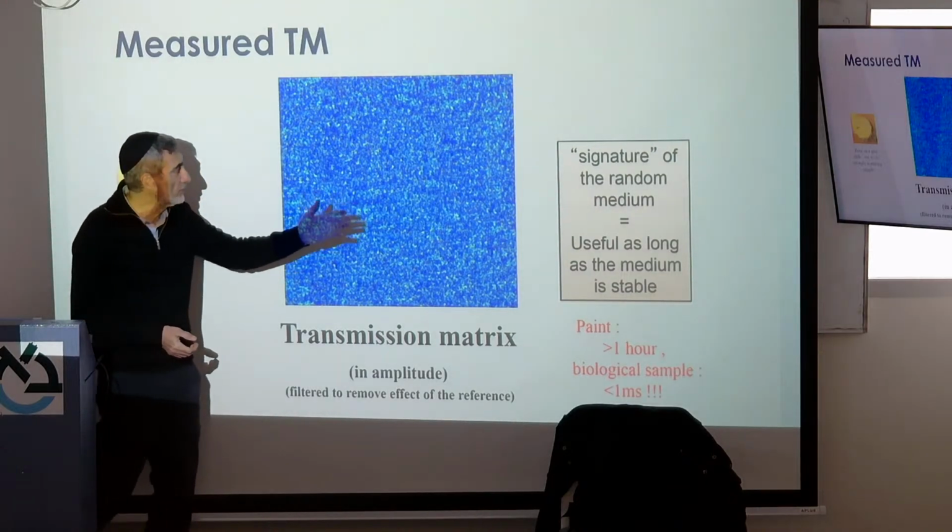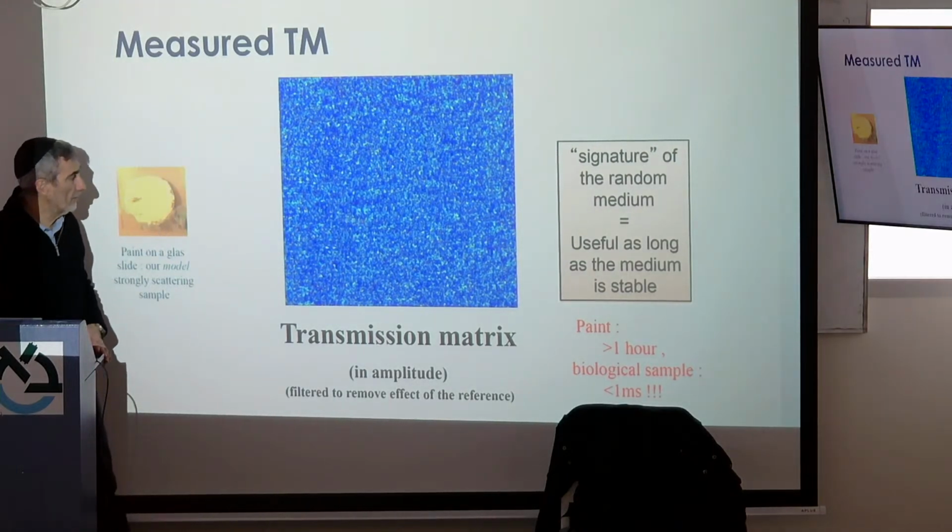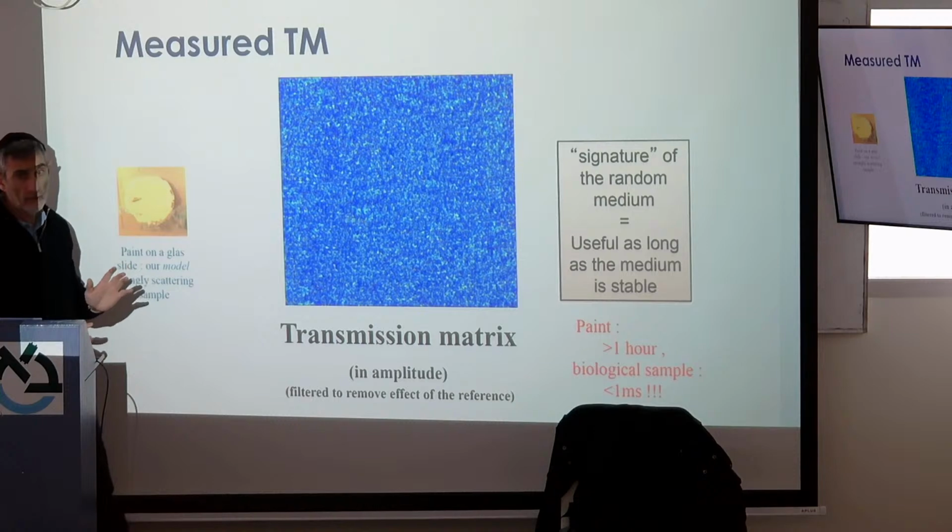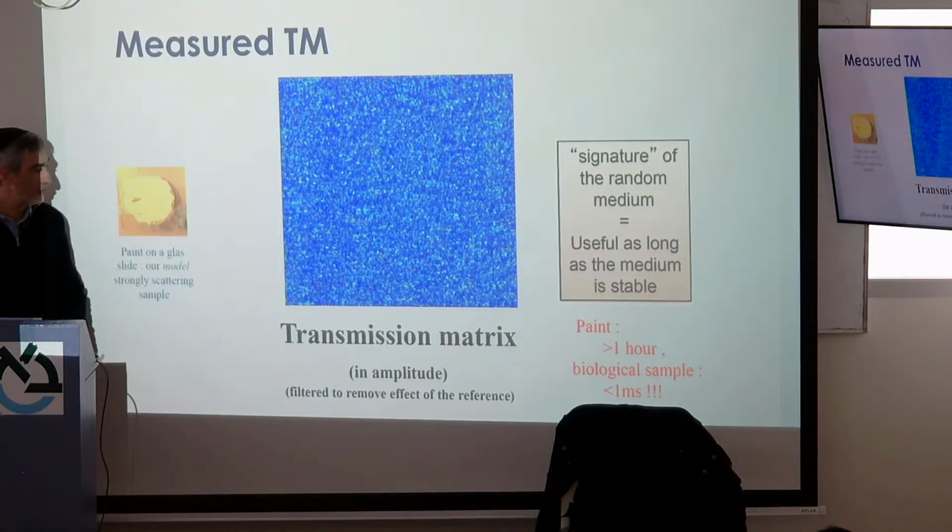So it's a signature of the random medium, useful as long as the medium is stable. Obviously if the medium starts to move, like in a living tissue, for instance, that will change over time. So that's the problem with this measurement. But if the system is stable, you can measure it.